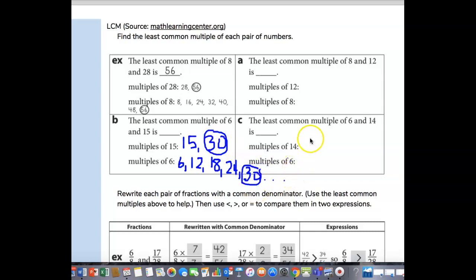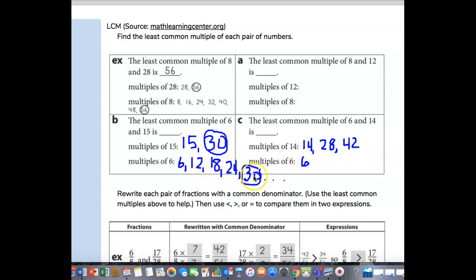So there's our common denominator there. Now let's look at this one. 14 plus 14 is 28. 28 plus 14 is 42. Okay, so we know that 6 times 7 is 42.